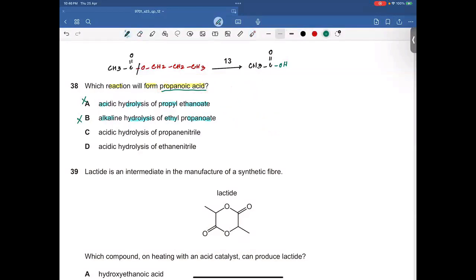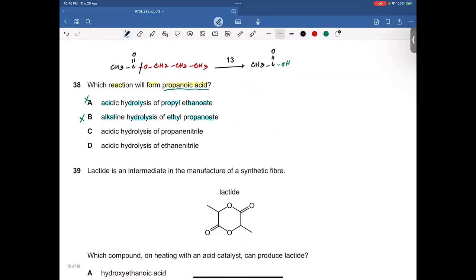Ethyl propanoate. So propanoate is this, and this is going to be the ethyl part. Now break the carbon oxygen bond. You will get what?